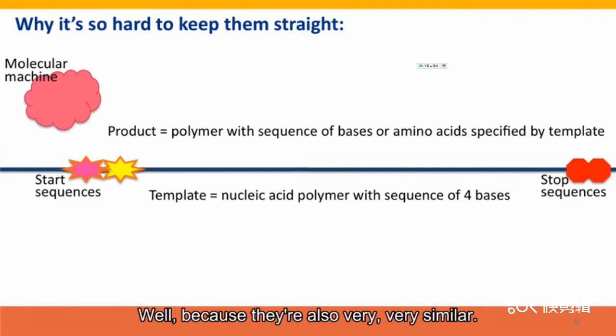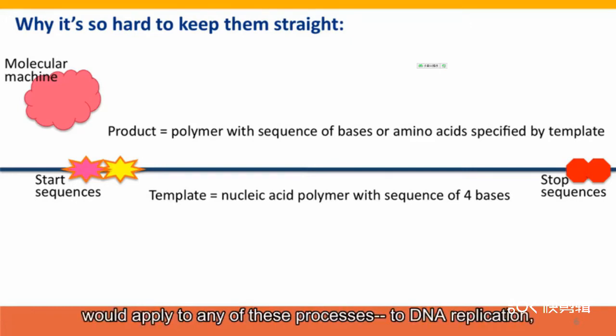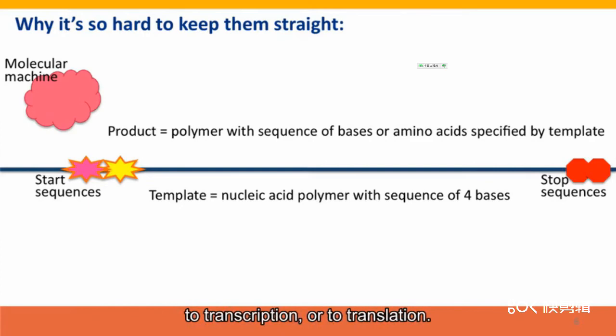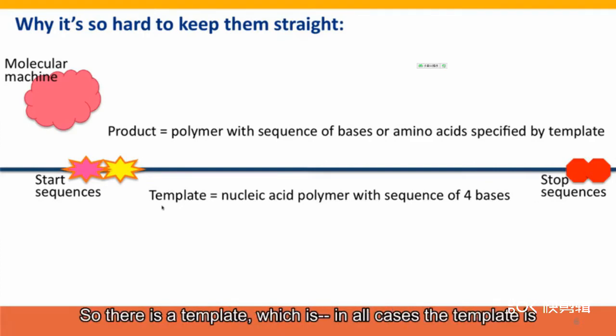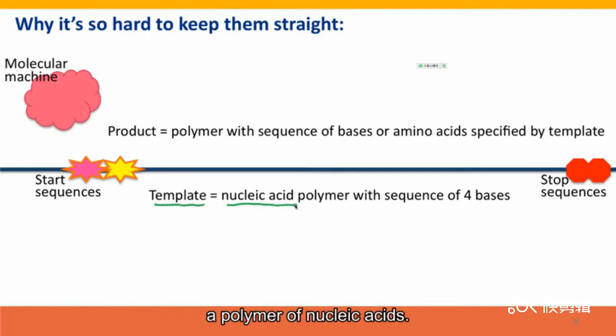So, if they're so important, why is it so hard to keep them straight? Well, because they're also very, very similar. I've got here a schematic diagram that would apply to any of these processes, to DNA replication, to transcription, or to translation. So there is a template, which is, in all cases, a polymer of nucleic acids. That's the bases.